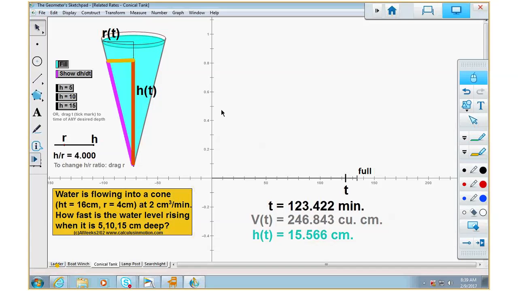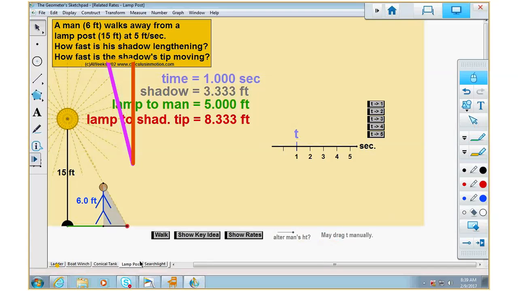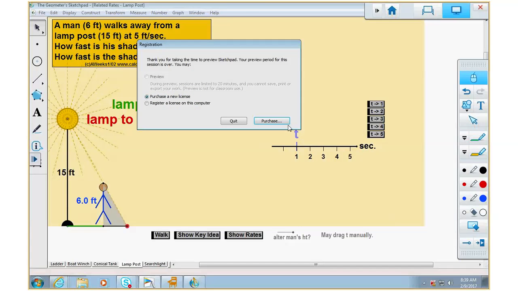And of course, then you have the lamp post. That was my question that we did that semester. I may have told you, I don't know, but we did it that semester, and I got an 84% retention rate, and other teachers got like 17%. Oh well, I can't show you anymore. I'm sorry.